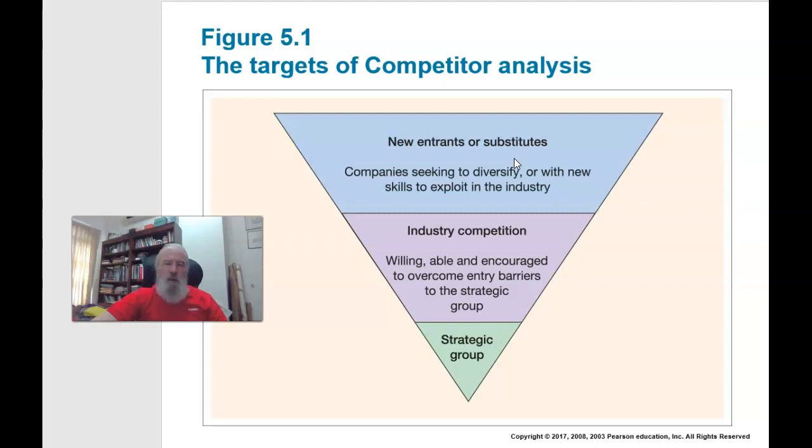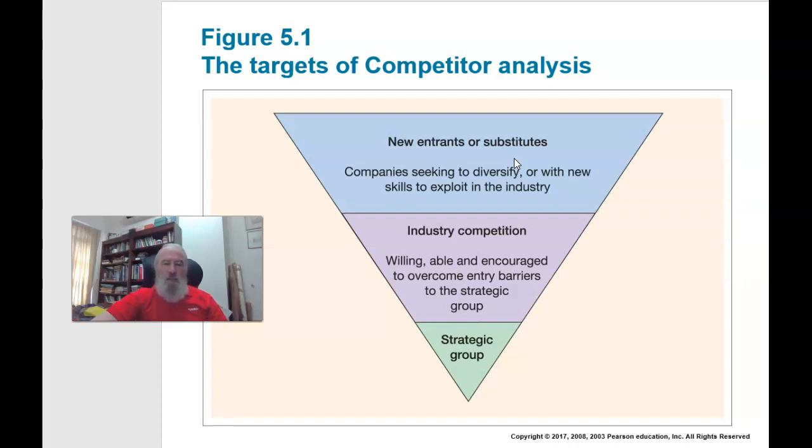So if I am Malaysian Airlines, a competitor might be AirAsia or Malindo, but a substitute would be the train, which sadly the Malaysian government has cancelled the recent proposed line between Kuala Lumpur and Singapore. A substitute could be driving a car. A substitute could be take a helicopter.